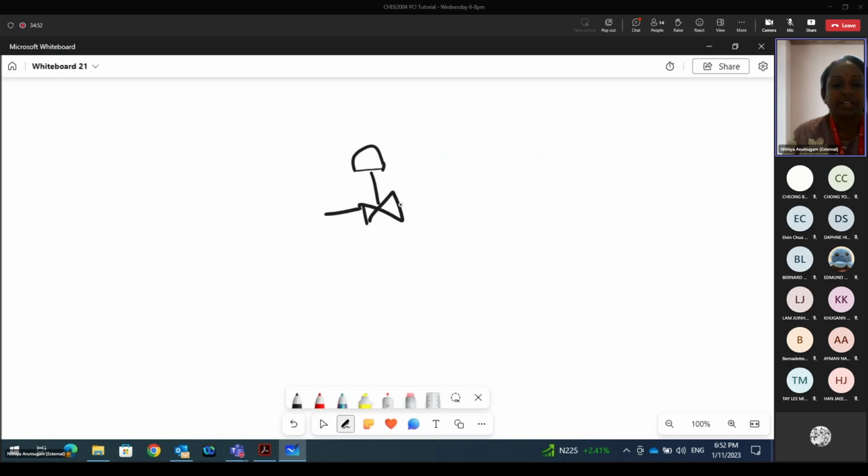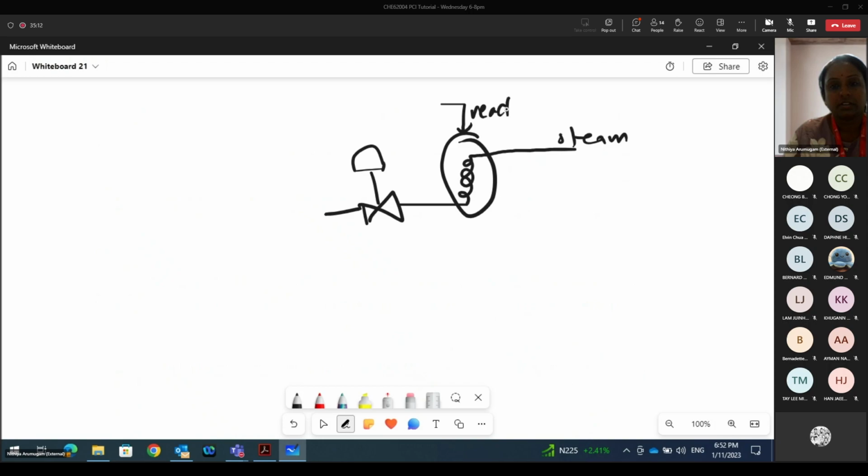We have an inlet and leaving the system. So this is the steam. We have the reactor at this portion. The bottom portion coming out from the reactor is the effluent portion.